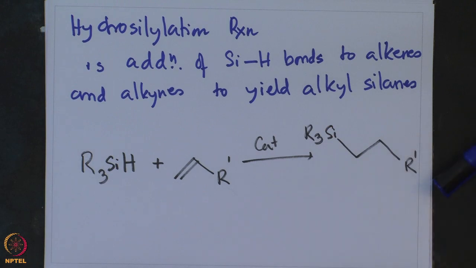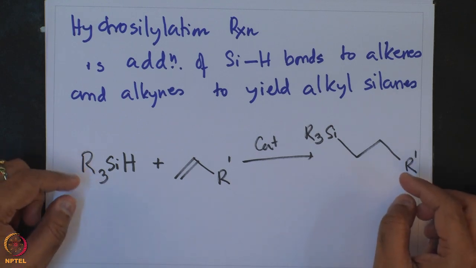So, similar to the other addition reactions that we have been talking about, hydrosilylation also is an effective method to form carbon silicon bonds by addition of SiH bonds to alkenes and alkynes.